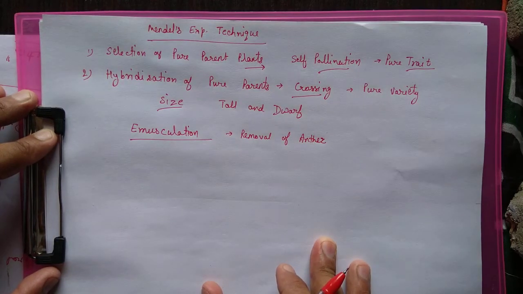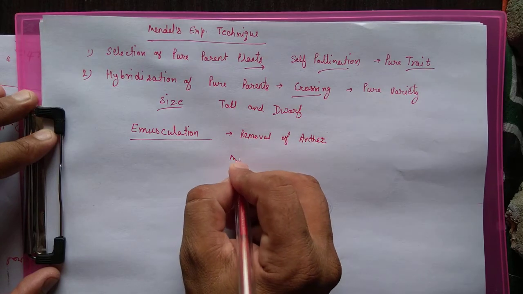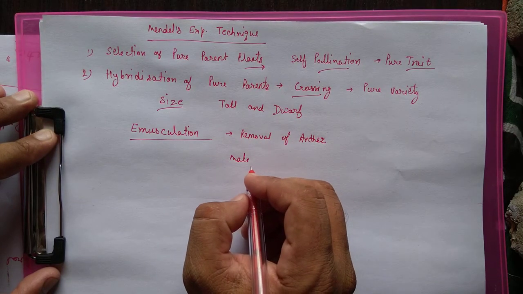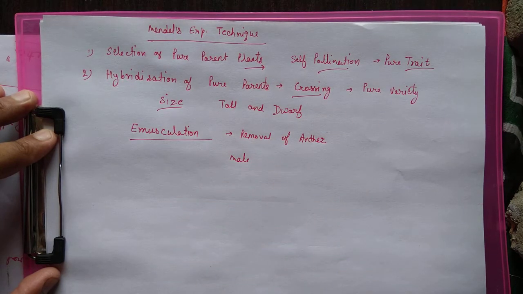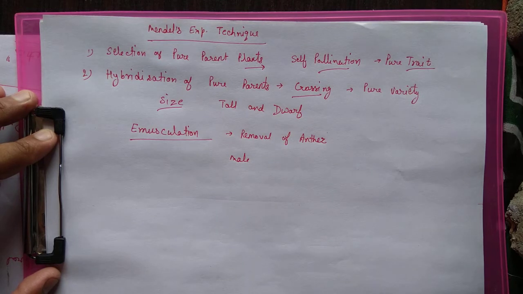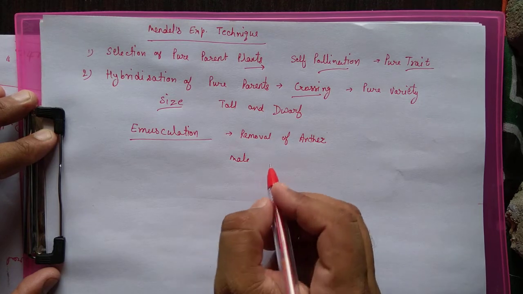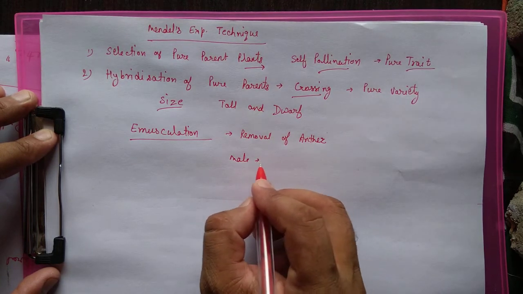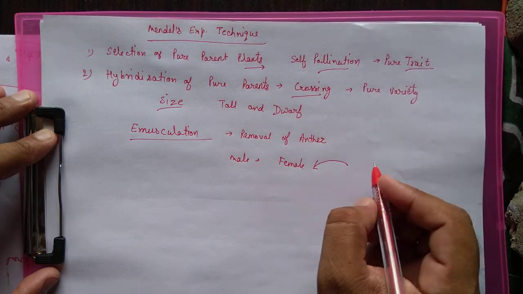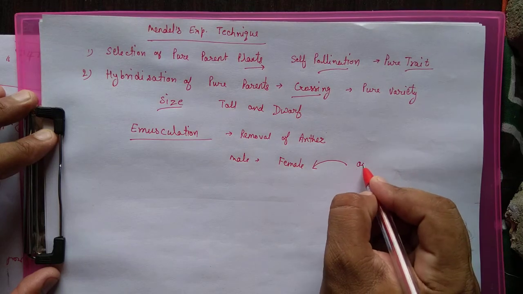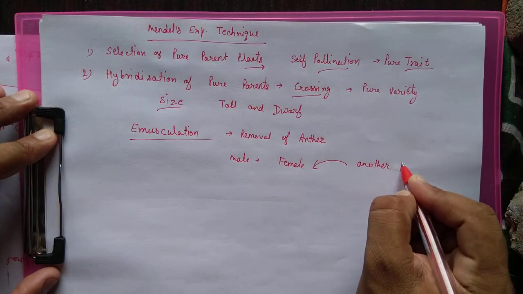By removing the anther, the male part does not have anther at that time, so it does not transfer its male gametes, and the female part receives pollen from another flower.